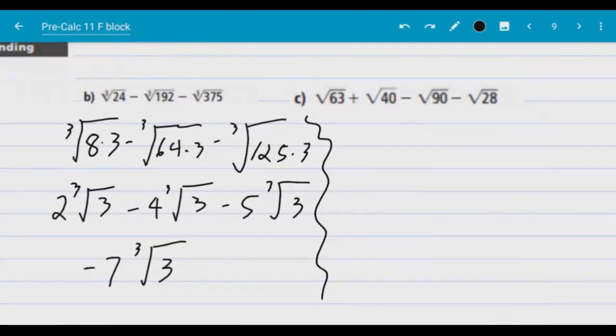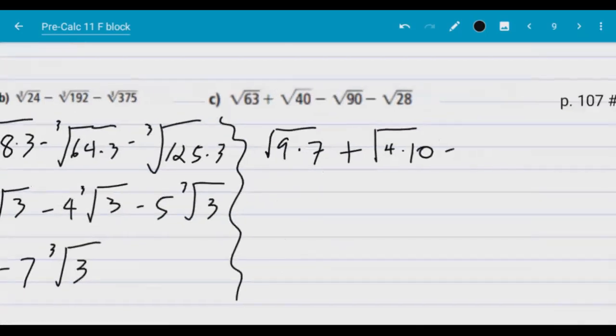So root of 63 would be root of 9 times 7, right? Root of 40 would be, if it's 8 times 5, that's not going to be good. So I'll try 4 times 10, because 4 has a square root.